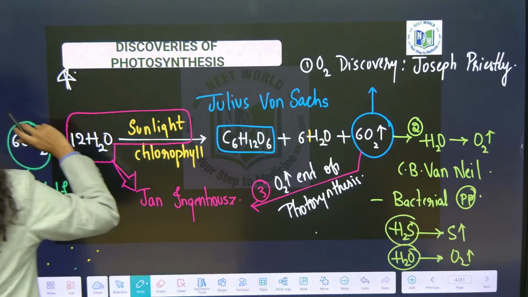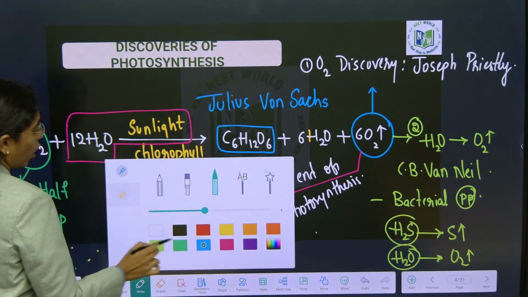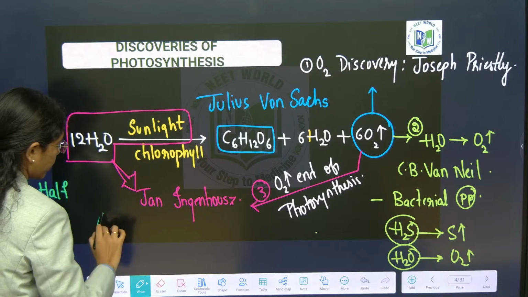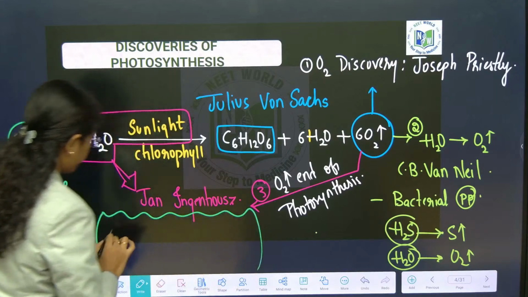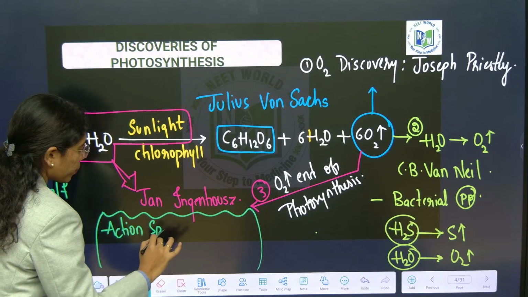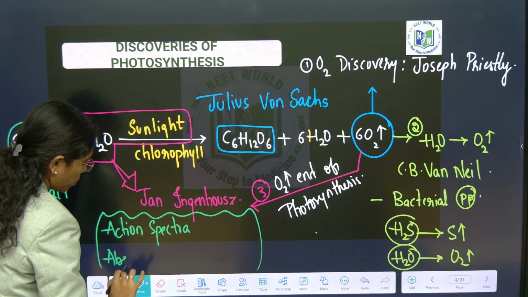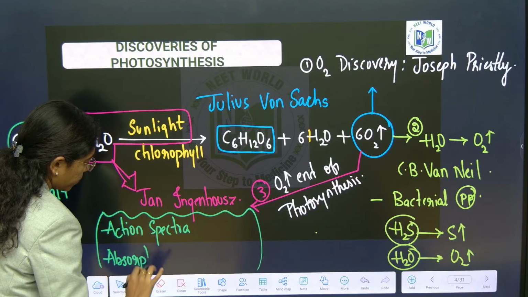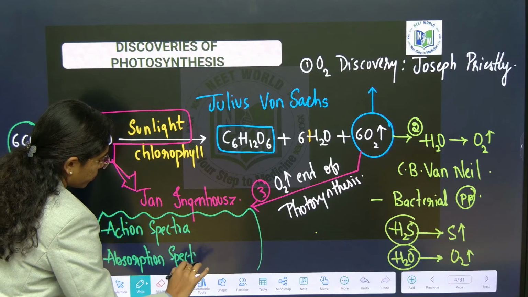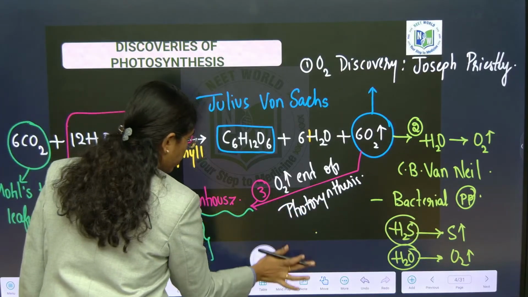Complete discoveries are covered in a single slide. You can also add on action spectra and absorption spectra here. Action spectra and absorption spectra are given by whom?